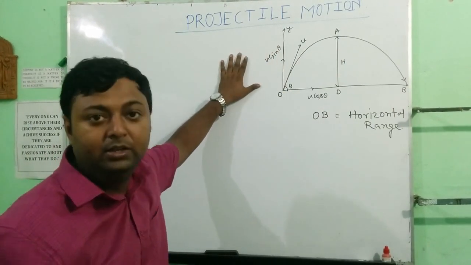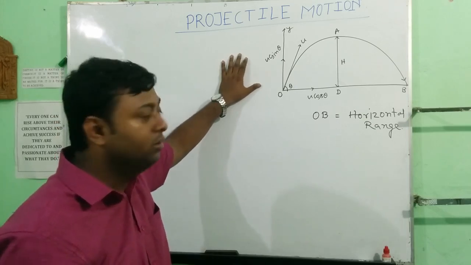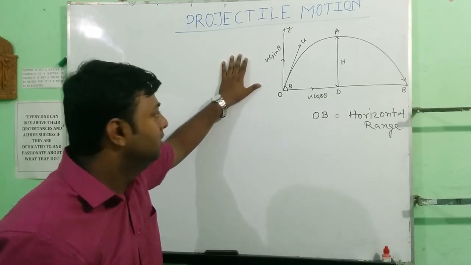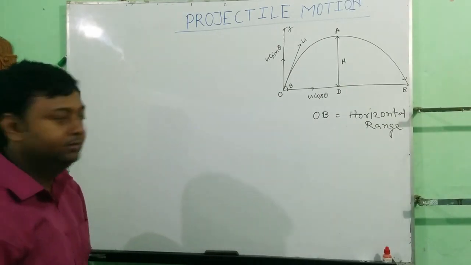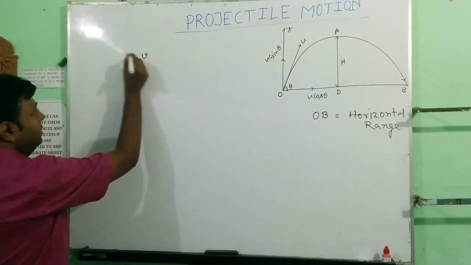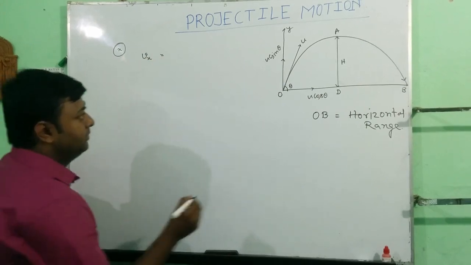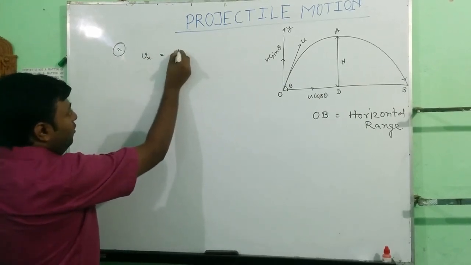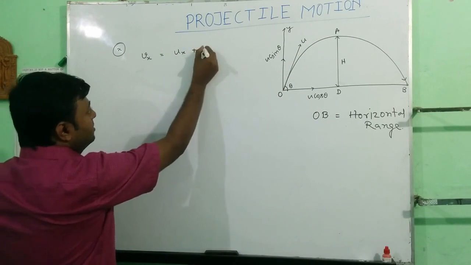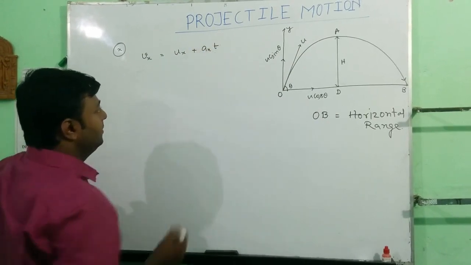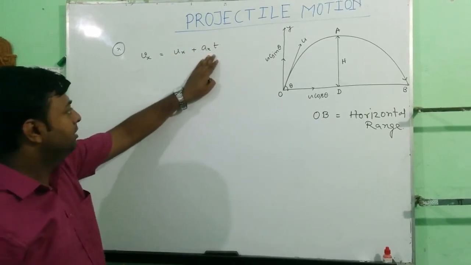Now we study the velocity after time t in the x and y directions. The velocity in the x direction, Vx, equals ux plus ax t, where ax is the acceleration and t is the time.